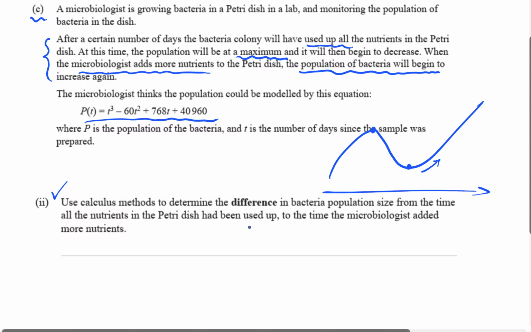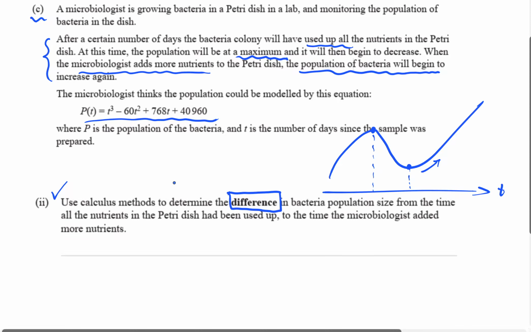What we're looking for is the difference between these two points, the bacterial population difference, which means the difference in height, because the height represents the population. The horizontal value, the t value, represents the time. I'm not looking at the difference of the time, I'm looking at the difference of the height.